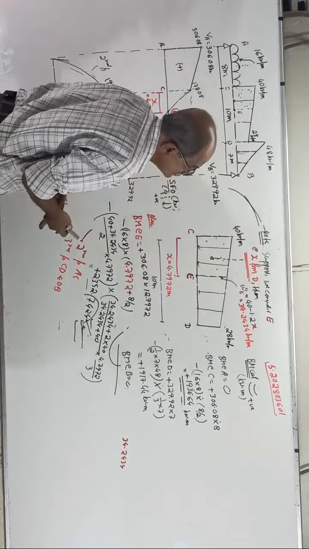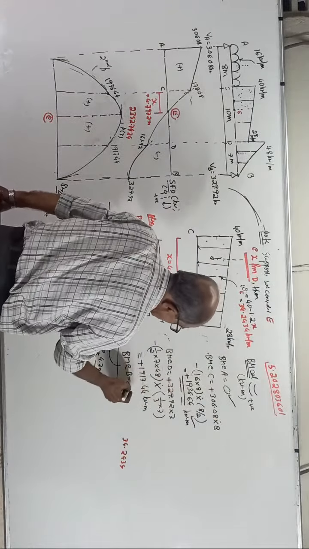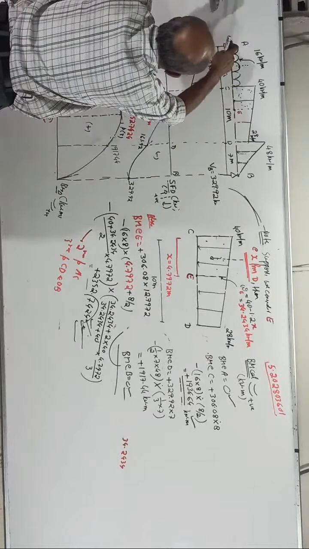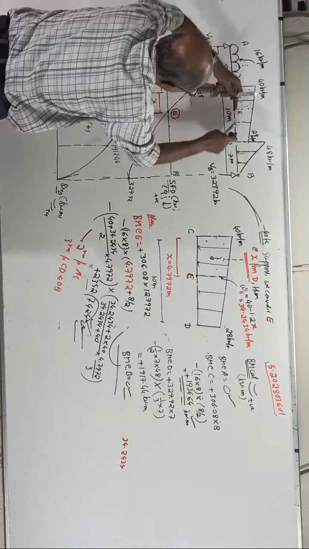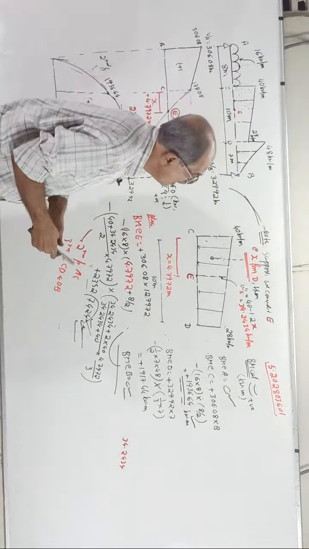BM at A, BM at C, BM at D, and BM at B will remain the same. Why? BM at A is 0, BM at C, look at this side, BM at D, look at that side, and BM at B remains the same. So I will remove everything now.